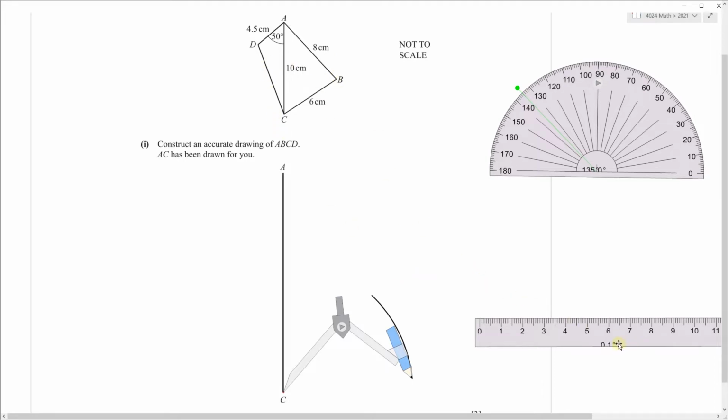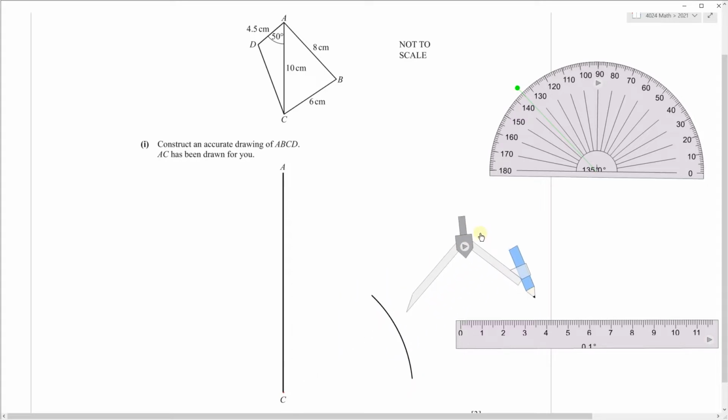And then we'll do the same thing. Now we need to open our compass 8 centimeters. So position it at 0 and then open it up to 8 centimeters. All right, and then center your compass at A and draw another arc.